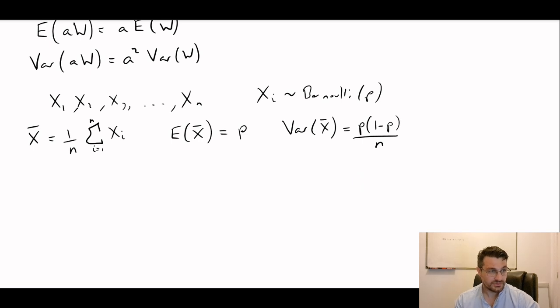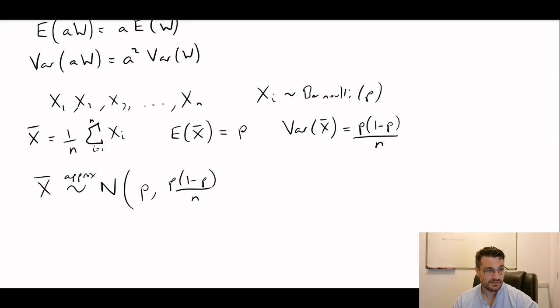Because I know from the central limit theorem that x bar is approximately normally distributed with parameters p and p(1 minus p)/n. But it's not x bar that I'm interested in, because x bar is 1/n times the sum of the xi.